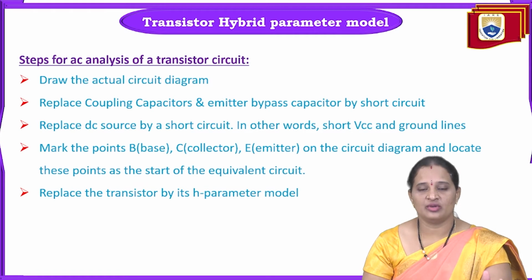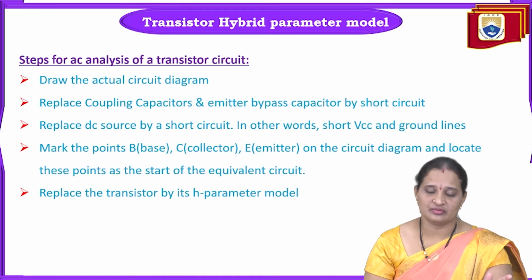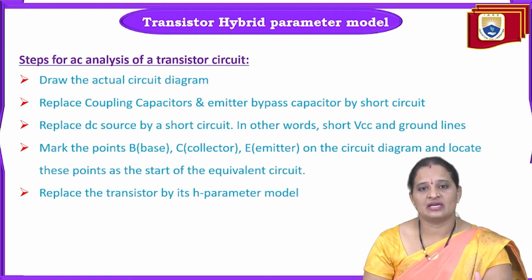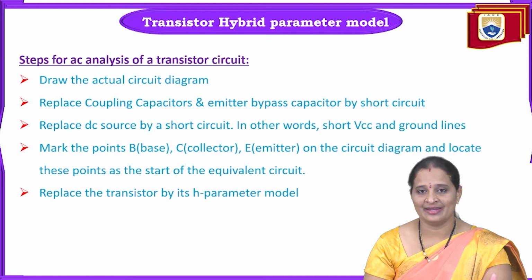Whenever we are doing the AC analysis of a transistor circuit, we need to follow some procedure. First of all, draw the actual circuit diagram of the transistor. The second step is to replace the coupling capacitors and emitter bypass capacitors, if any, with a short circuit.